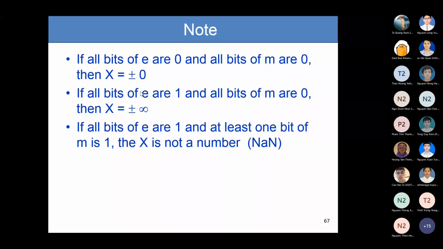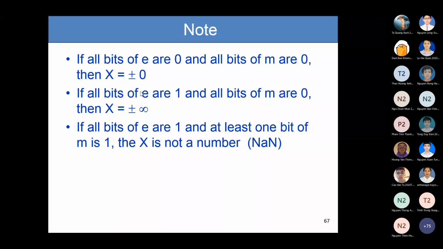So if the number is smaller than 1 per million, it is represented as 0 in the computer, but actually it's different from 0, right? So the plus and minus 0 are so different.